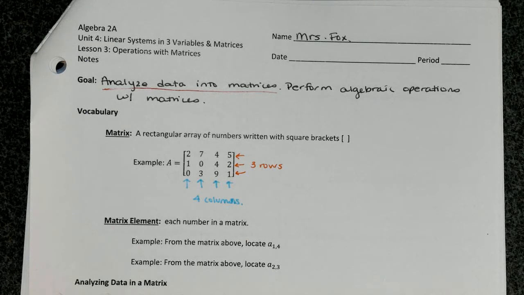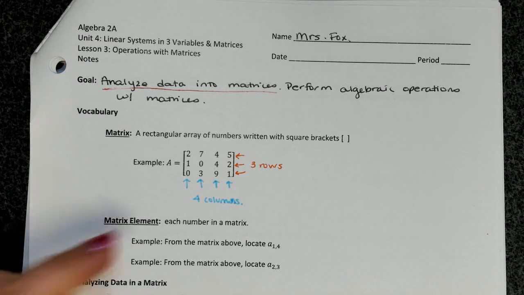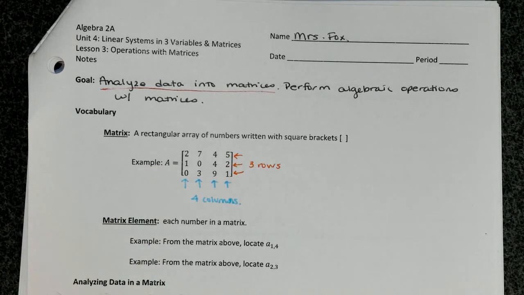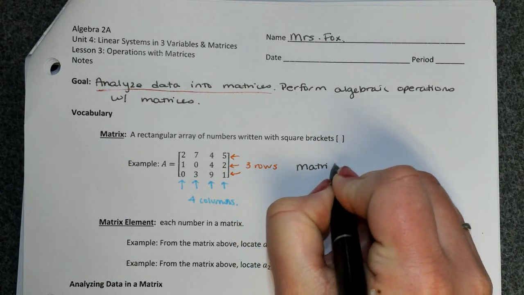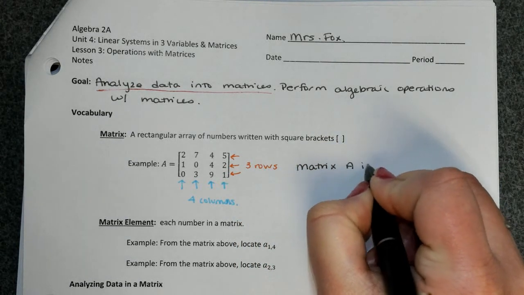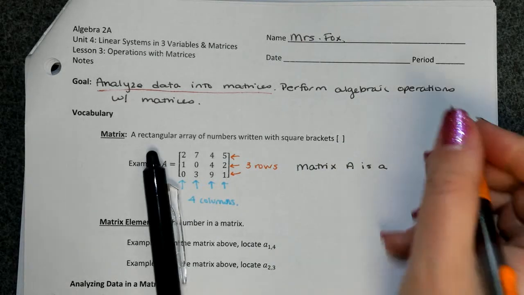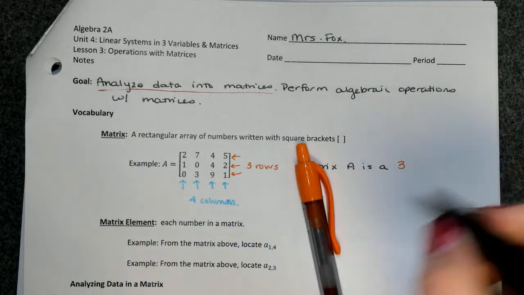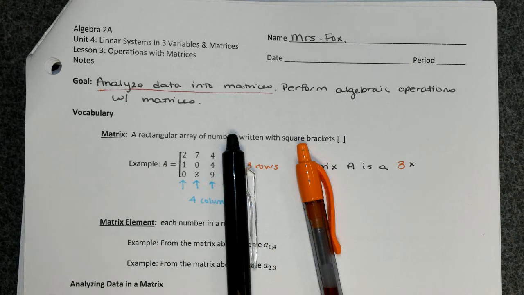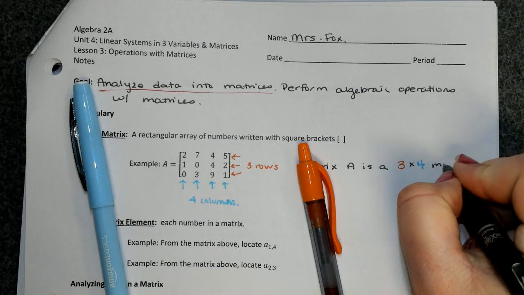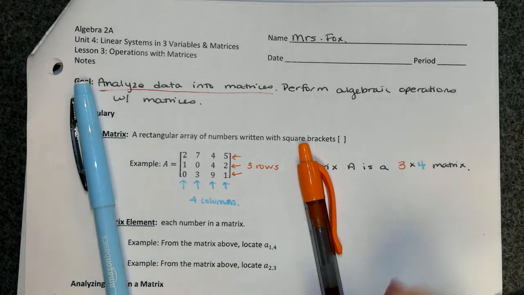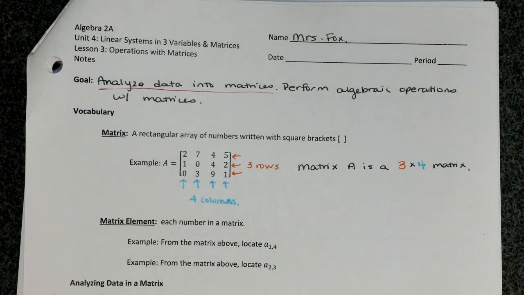Okay. When we state the dimensions, now this is matrix A. And matrix A is a 3 by 4 matrix.